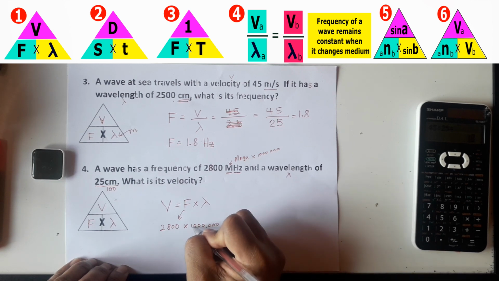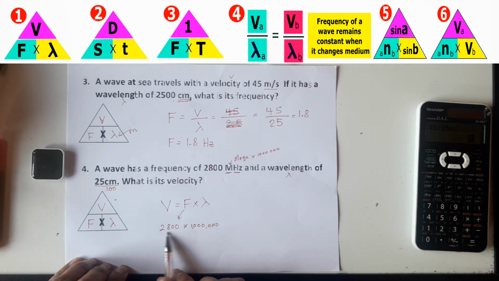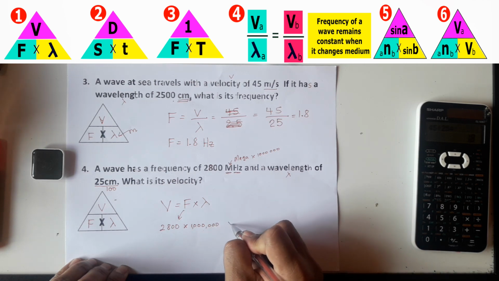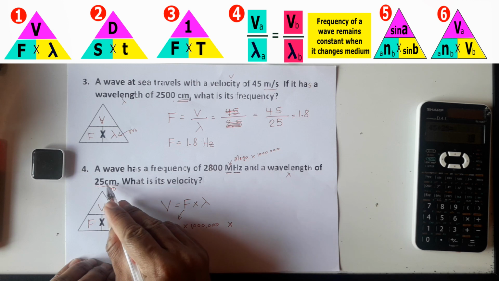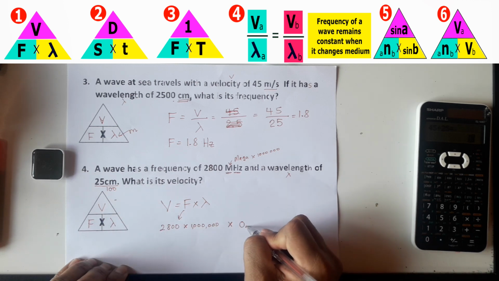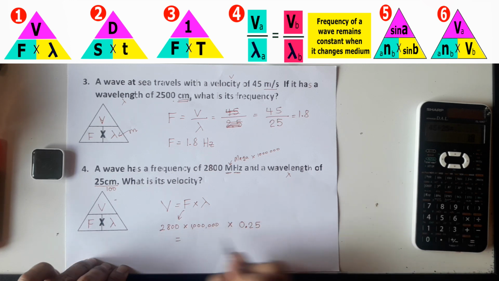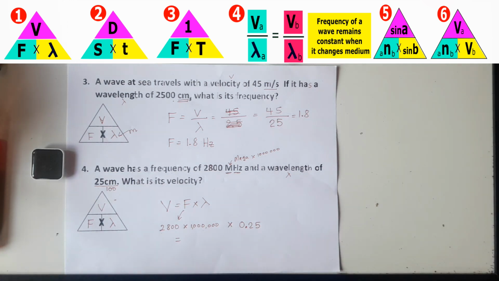I put in some commas here so you can see the zeros. This is to convert it to normal hertz. And the wavelength is not 25, but 25 divided by 100, which is 0.25. So we just need to multiply this out and we are finished.